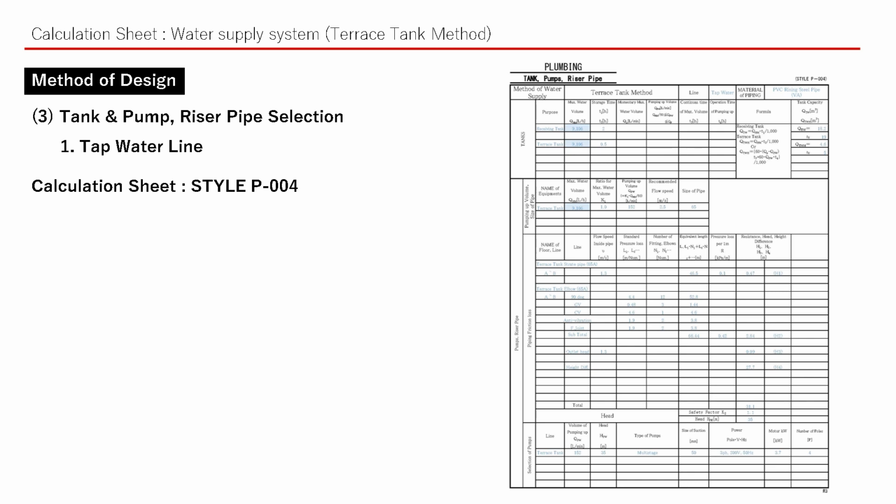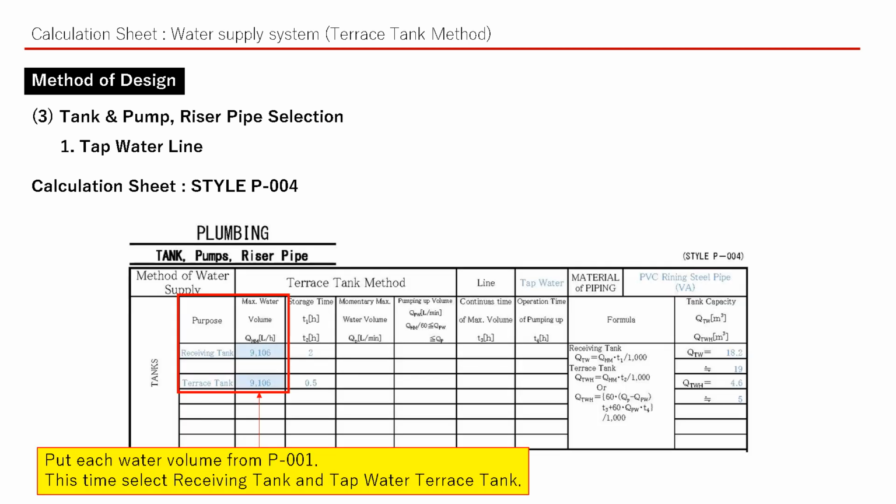Next, we will select size of tank, pump, riser pipe by calculation sheet P004. We will explain tap water first. Here is for tank selection. Put each water volume from P001. This time select receiving tank and tap water terrace tank.